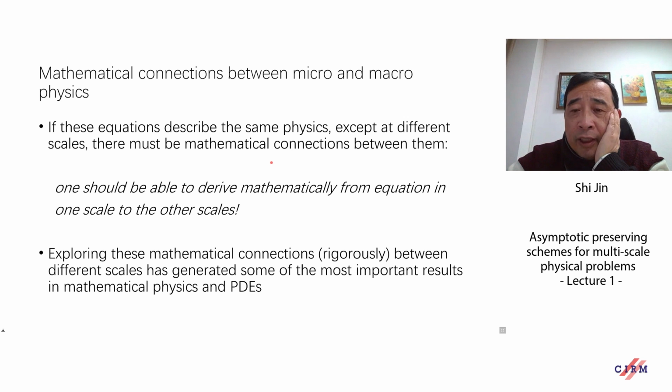If all these equations are correct, there must be connections between them. In other words, one should be able to derive mathematically the equation at one scale from the other. You can derive one from the other, because they are supposed to be describing the same physical phenomena.